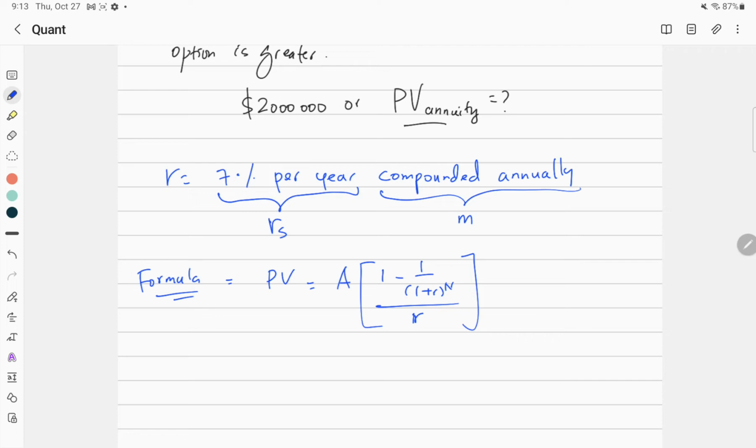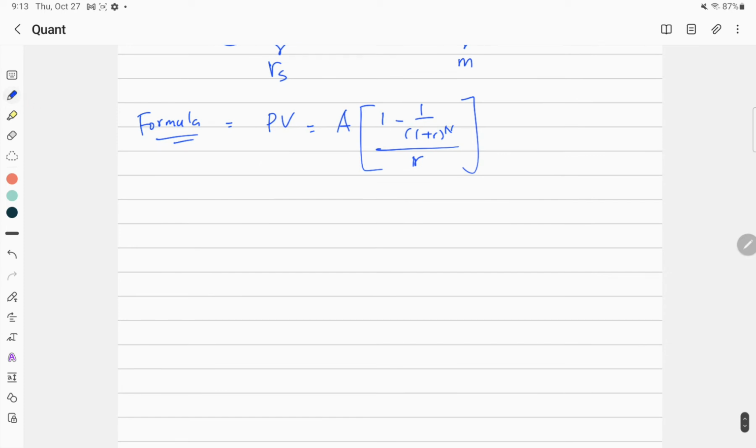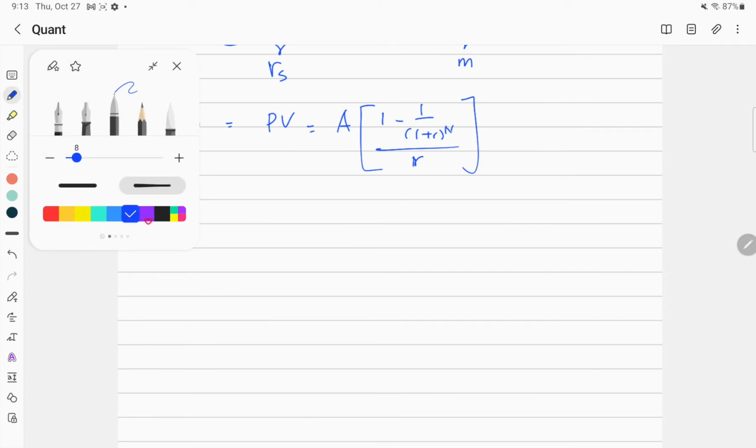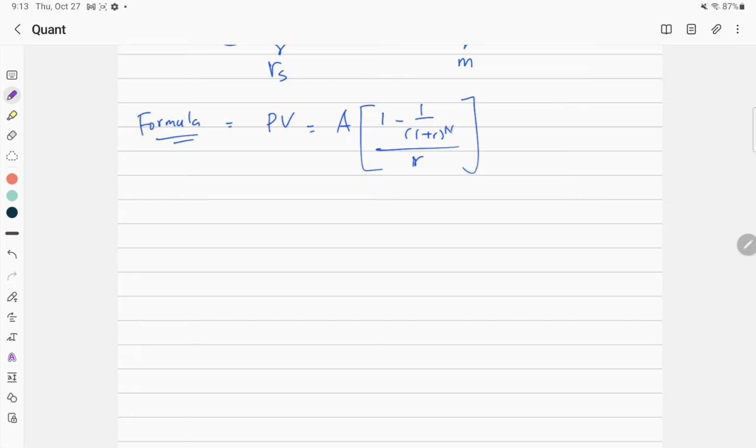But what if in the problem that's posed, instead of being expressed as 7% per year compounded annually, it was expressed as 7% per year compounded quarterly?